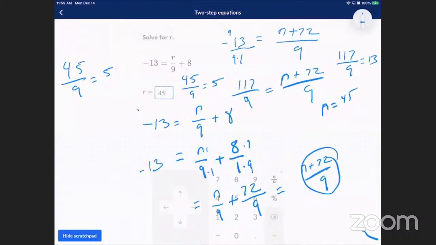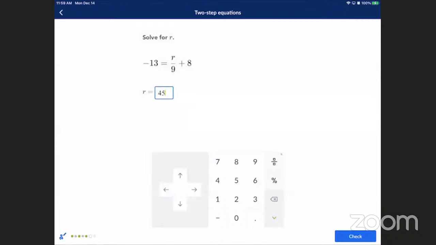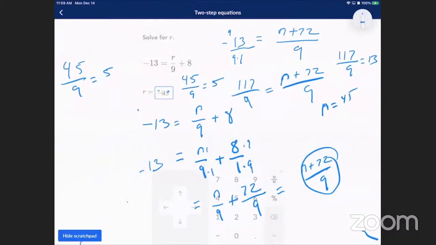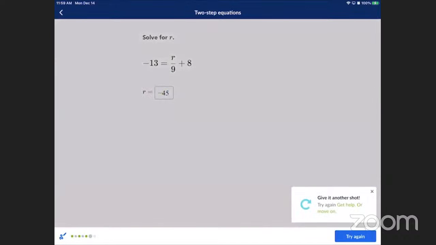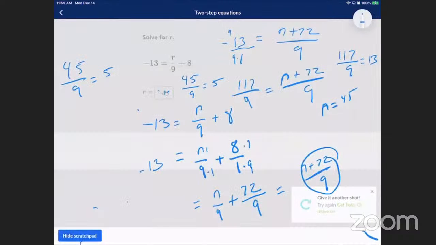Let me make sure. This is going to have to be a negative in order for this to work. Or does it? In order for it to work, it needs to be a negative, I believe. Yeah. I'm sure it just has to be, right? No. And how do you get negative 35?